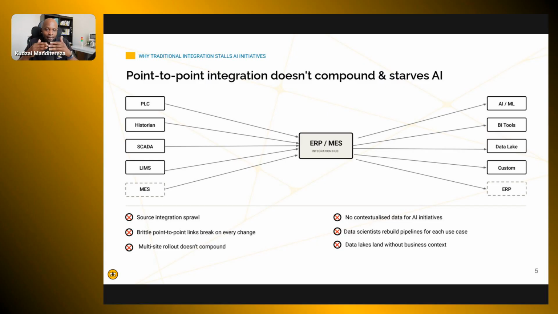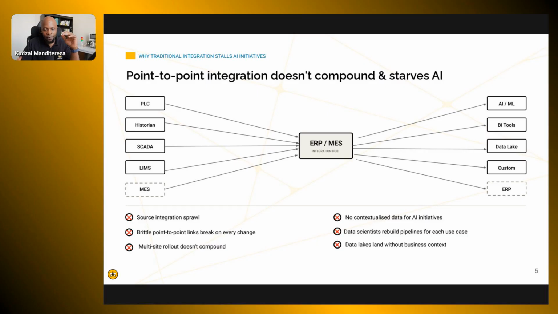But essentially, you're directly connecting application to application or device to application in a point-to-point fashion. And if you have been attending our webinars previously, you might have heard us talk about this idea of a spaghetti architecture.